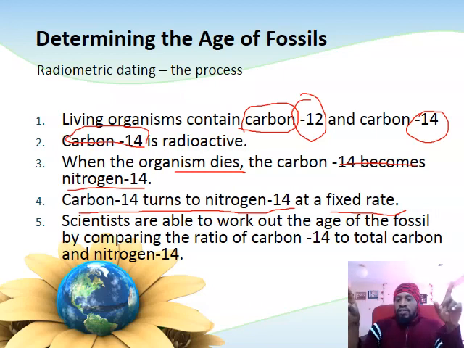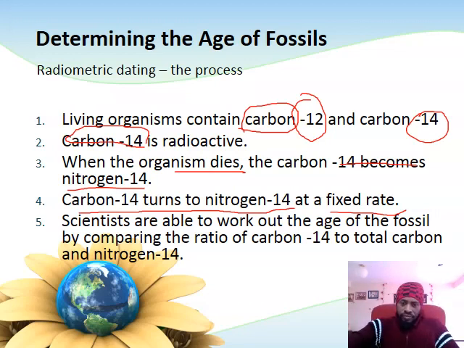At a certain time, let's say 10 carbon-14 would have converted to 10 nitrogen-14. We'll be left with 90 carbon-14 versus 10 nitrogen-14. If another 10 convert, I'll be left with 80 carbon and 20 nitrogen. Another 10, then 70 carbon and 30 nitrogen. So it converts at a fixed rate so that we can develop a ratio. If I have 70 versus 30, then my ratio is 7 carbon to 3 nitrogen.